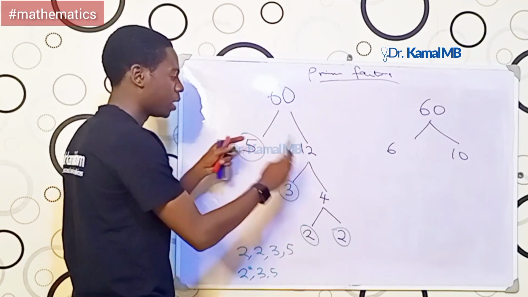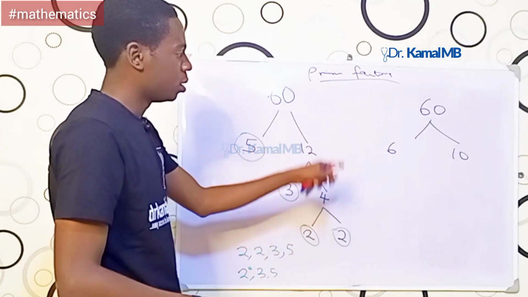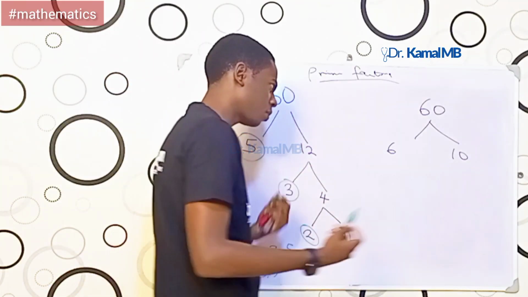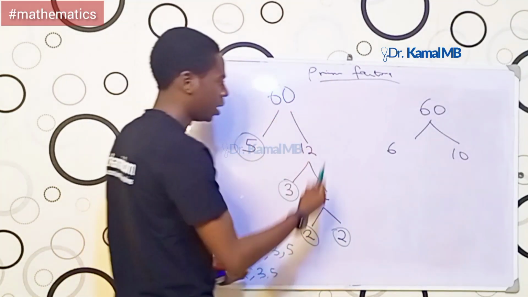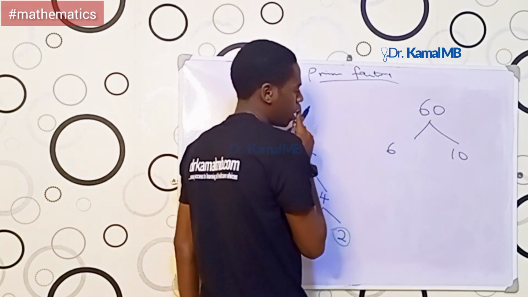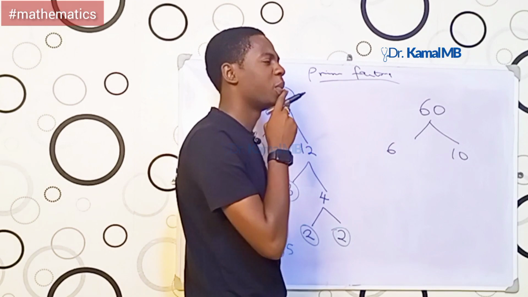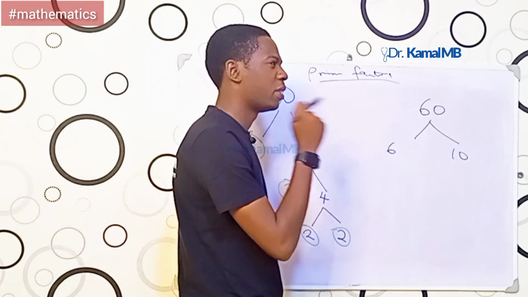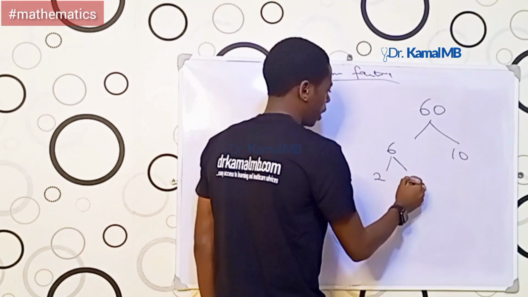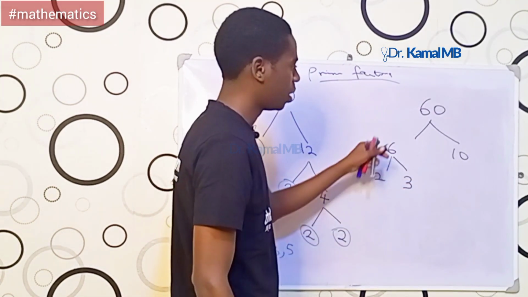That's when you use 5 times 12. So let's check if we now try to use 6 times 10. We get the same answer, but let's check. Here, do you have any two values that when you multiply we get exactly 6? I think we have 2 and 3.